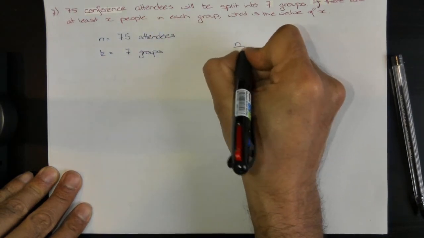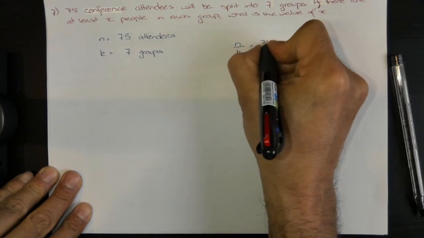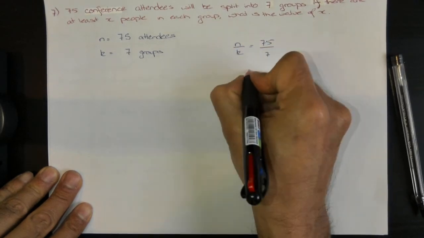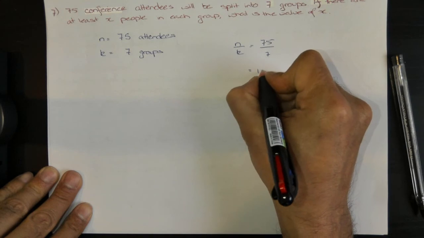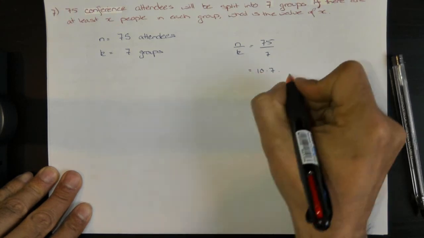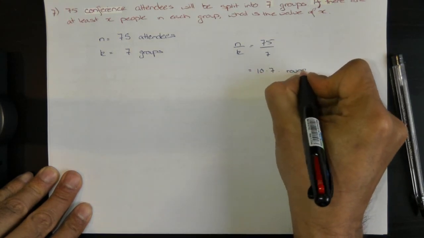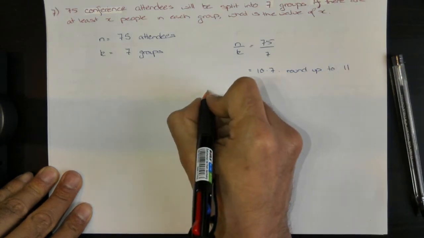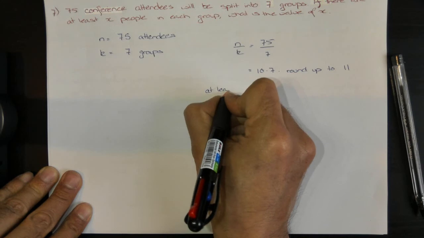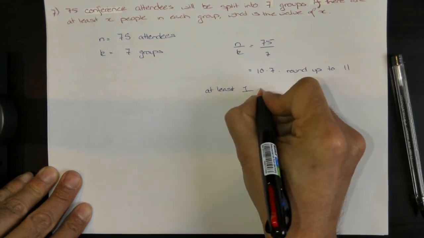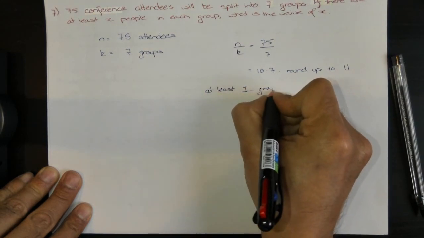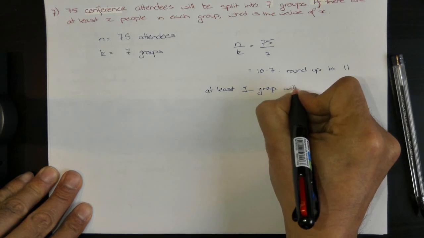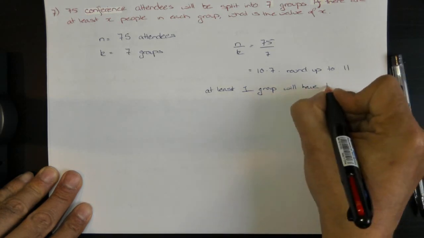If we go N divided by K, that's 75 over 7. That is 10.7. And then we're going to round up to 11. So at least 1 group will have 11 people.